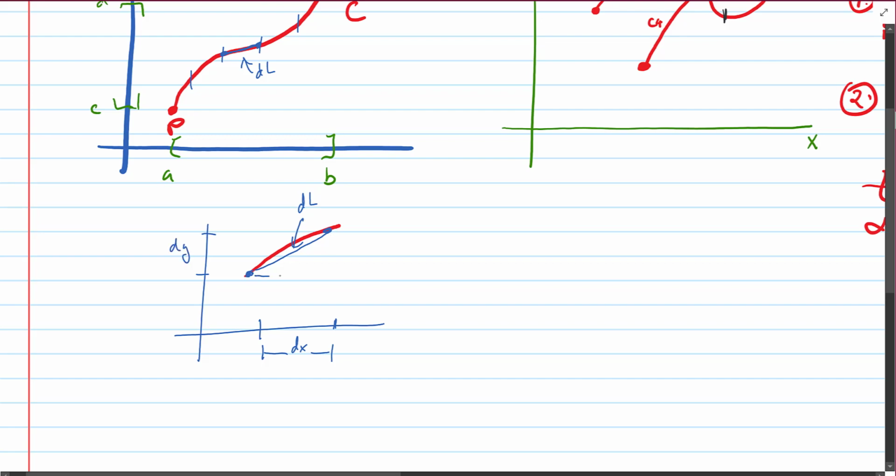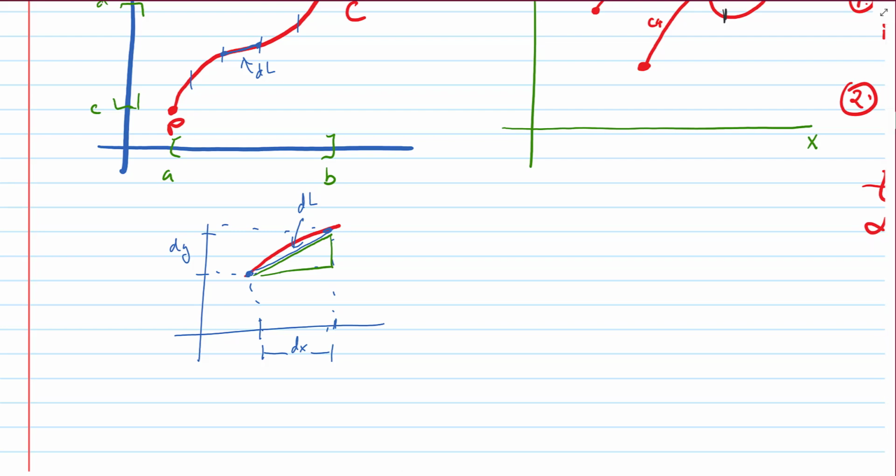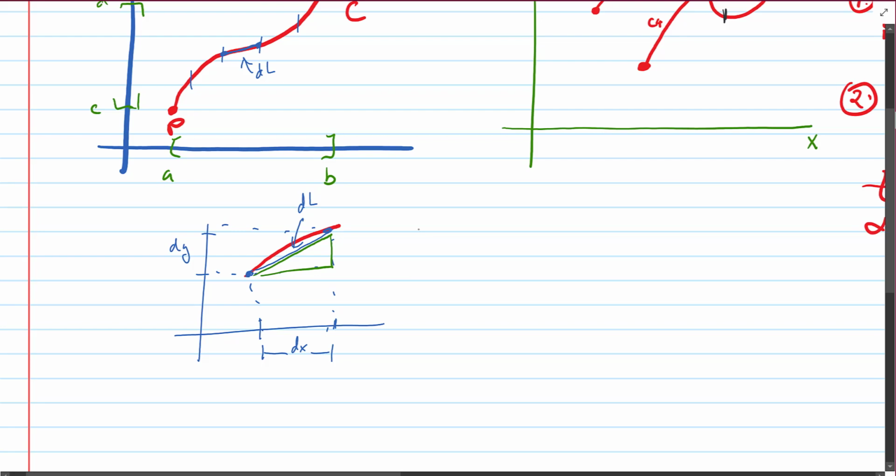And so if we were to imagine extending these lines outwards, we could think of this as creating a right triangle. I'll put it in green here. Here's this right triangle. And because it's a right triangle, because we chose to do this with dx and dy, we can go ahead and use the Pythagorean theorem here, which says that the length of the hypotenuse, which I'm representing as dL, that quantity squared is equal to the sum of the legs of this triangle squared.